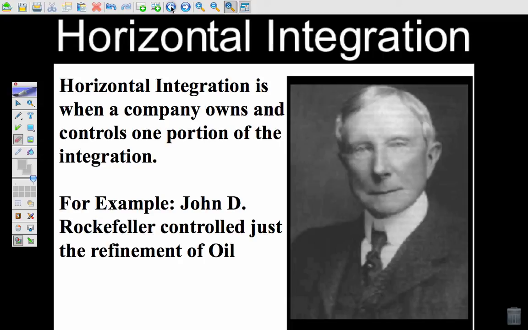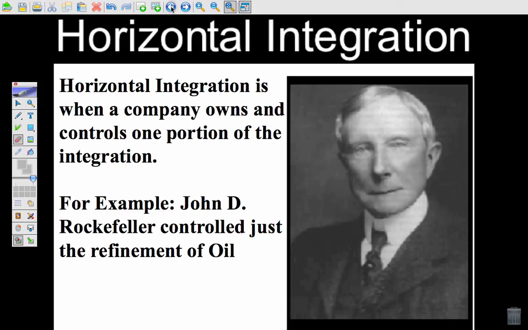So that octopus that said Standard Oil on it was gobbling up the different oil derricks and refineries, and like we've seen in the clip already, Rockefeller would go in, purchase a refinery, and keep it if he thought it was necessary, but he had no problem whatsoever shutting it down and gutting it. So horizontal integration, again, is when a company owns and controls one portion of the integration steps.